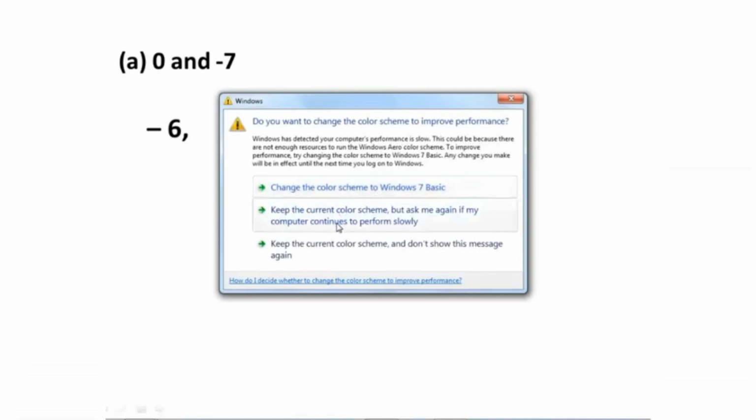Let's take the first one, 0 and minus 7. Look here. You have already seen that the negative values come from the midpoint to the left hand side. We need to write from 0 to minus 7: minus 6, minus 5, minus 4, minus 3, minus 2, minus 1. This is the range between 0 and minus 7.